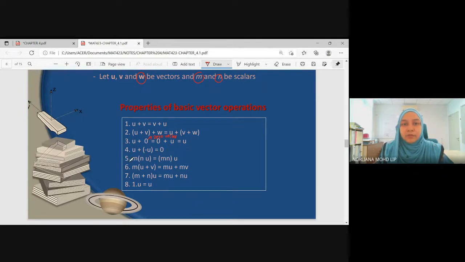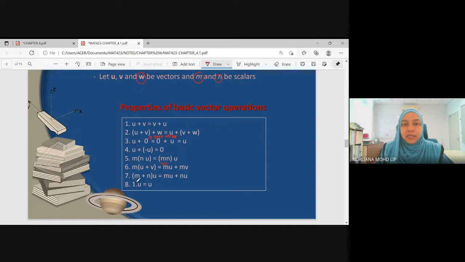Number 5, M and N are scalars, so M times N U is equal to MN times vector U. We can multiply the scalars M times N. Number 6, M times U plus V is equal to MU plus MV.